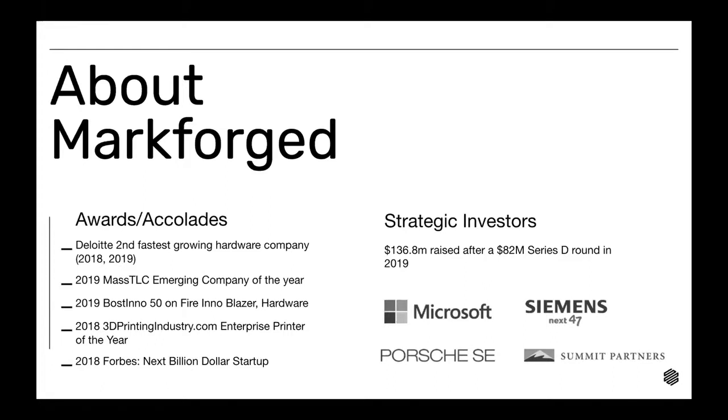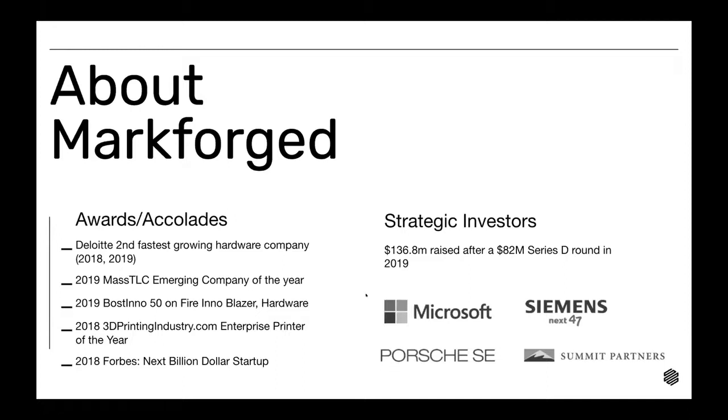All of these companies have a need for additive manufacturing in the background. In 2018 and 2019, we won an award for second fastest growing hardware company. In 2018, Forbes reported us as the next $1 billion startup. So we've got a few runs on the board and are continuing to grow at a very rapid rate.